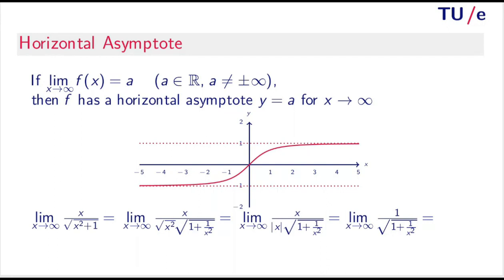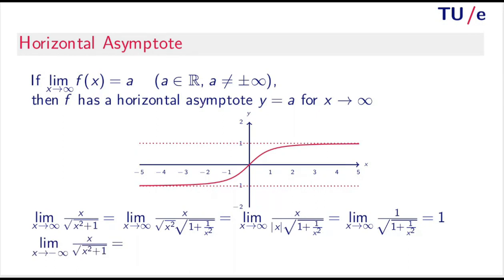Of course, that's equal to the absolute value of x, but since x is going to infinity, it's equal to x. And we find that this limit is equal to the limit where x is going to infinity of 1 divided by the square root of 1 plus 1 over x squared. And this 1 over x squared is of course going to 0, so this limit is indeed 1, and we found the horizontal asymptote y is equal to 1.